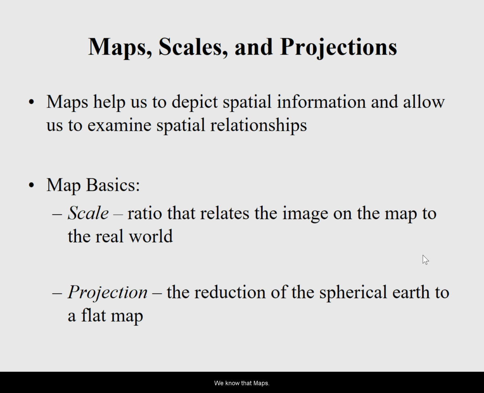We know that maps have projections, meaning the different ways in which information is displayed on the map depend upon where we are on the Earth's surface and what type of information we're showing. A projection is the reduction of the spherical Earth onto a flat map. So again, we're taking this three-dimensional Earth and putting it onto a flat surface, and that's referred to as projection.